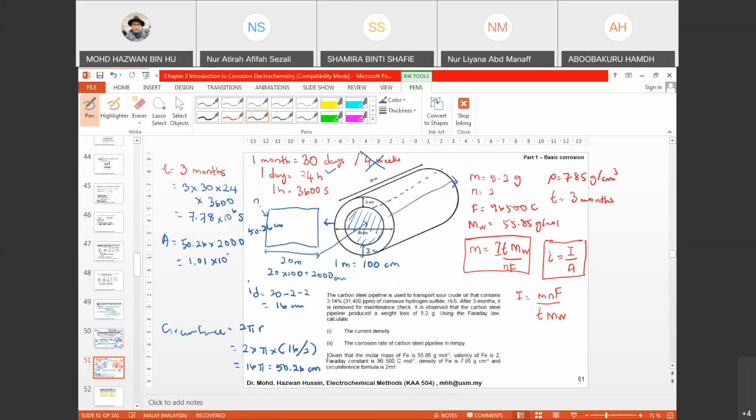So this is your area. Okay, so we have everything. We have time, we have area, we have everything now. So we just need to put it here. 5.2 multiplied by 2 multiplied by Faraday constant.